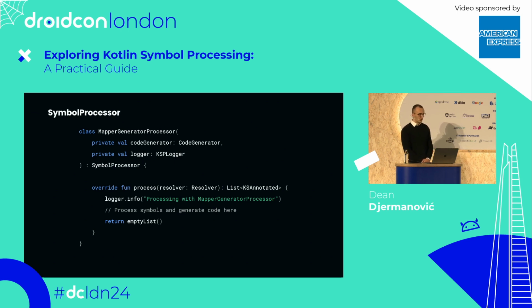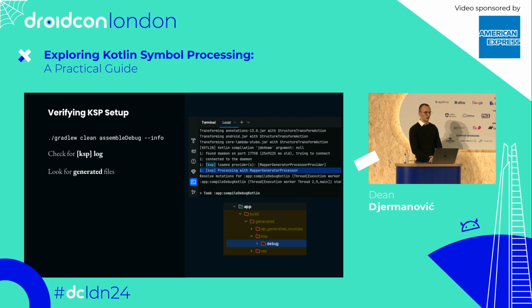Inside of our process function, all we do currently is log a simple informational statement so that we can later verify if everything is set up correctly. In our case, the process function returns an empty list. This list represents symbols that couldn't be processed in this round and should be deferred to a later round of processing. KSP supports multiple round processing, but that's a bit of an advanced topic and it's out of the scope of this talk.